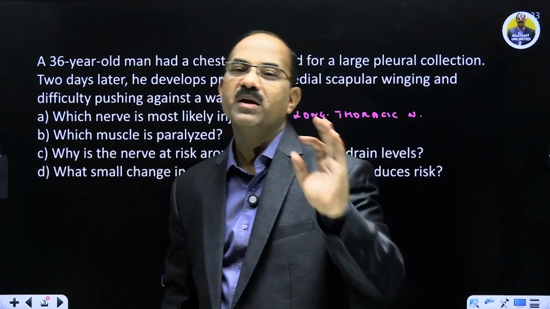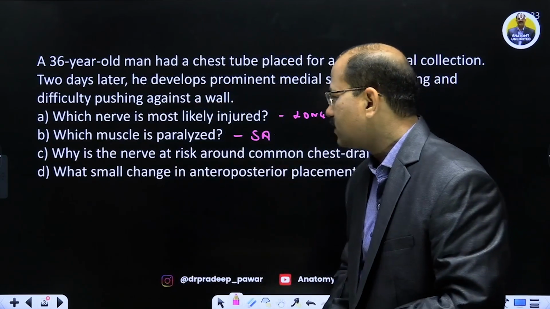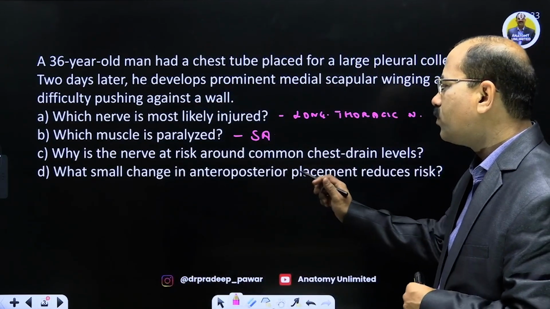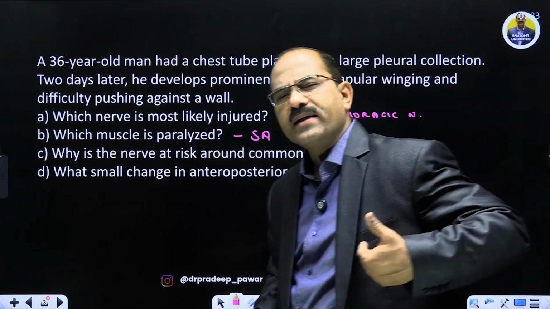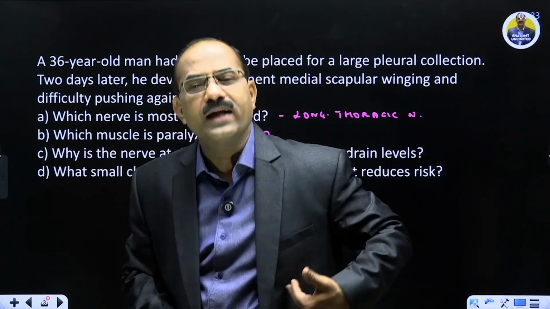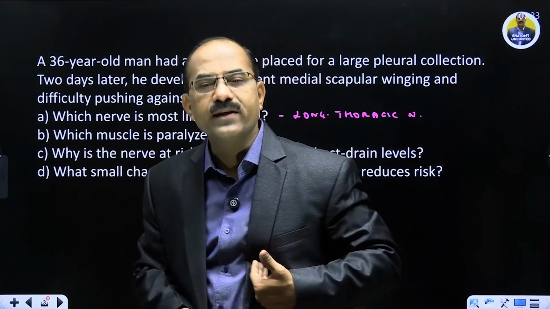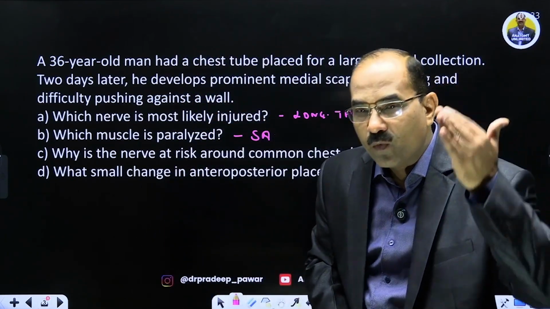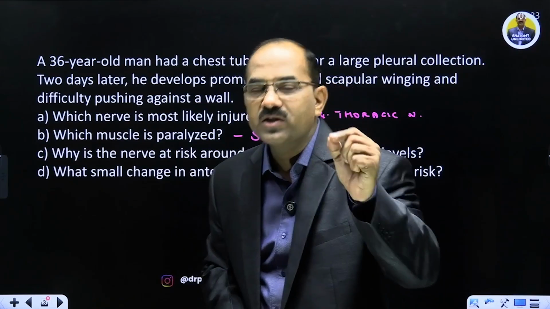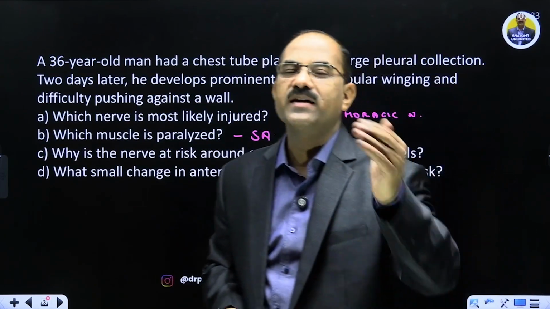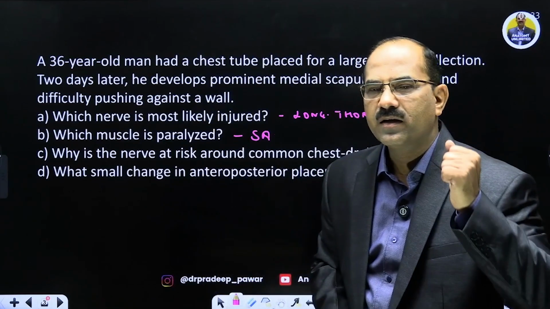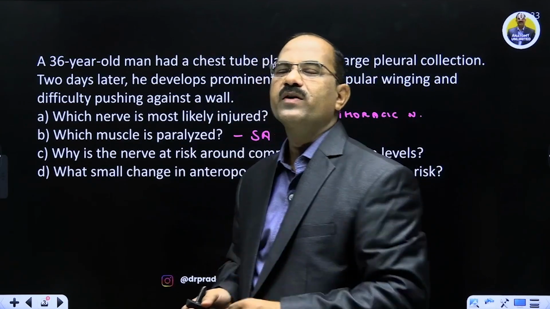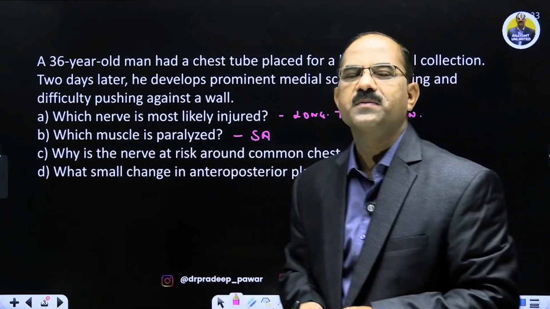Now our question: what small change in the anteroposterior placement reduces the risk? We go slightly anterior, not exactly lateral, in the intercostal space. So we avoid the risk of damaging the nerve which is running on the serratus anterior on the lateral aspect. So we go slightly anterior in the intercostal space and then we enter the space.